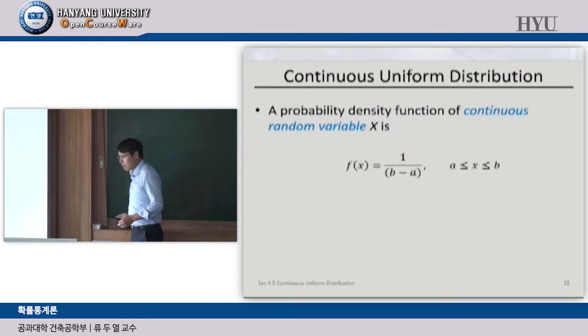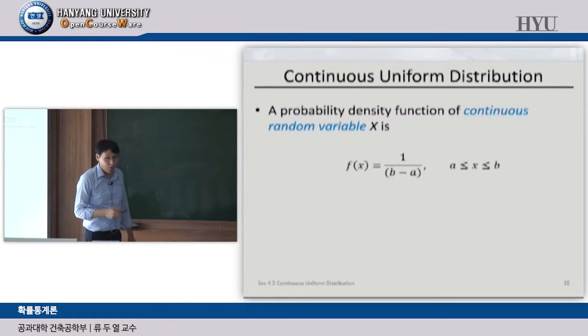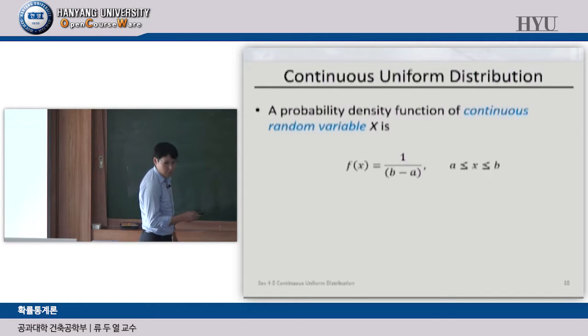When we think about the discrete random variable, we already know what a uniform distribution is, right? That means regardless of the x value, the probability density function or probability mass function is identical. Okay? That is the definition of the uniform distribution.